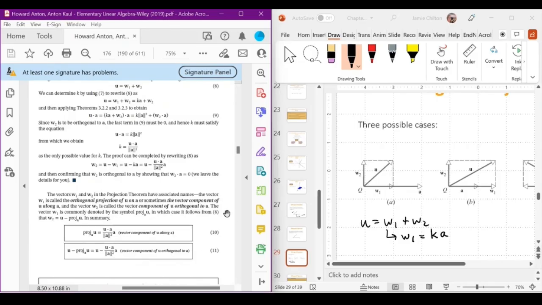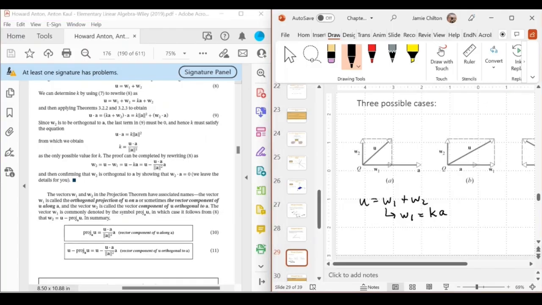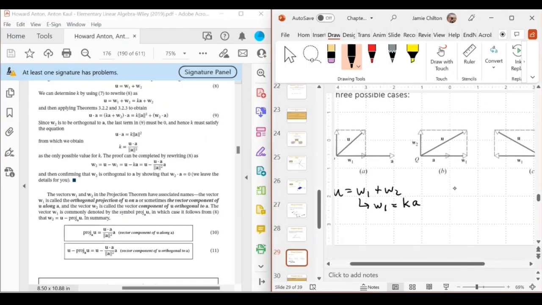I'll go ahead and write these on the slide real quick. So W1 is the projection of U onto A, and W2 is going to equal U minus W1, and that's going to equal U minus all of this denoted.